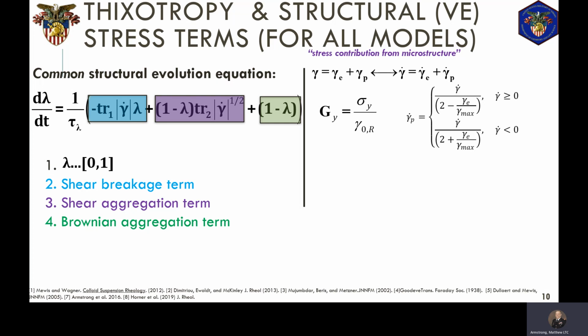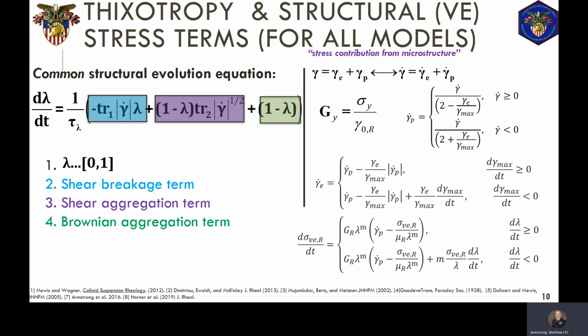It has a shear breakage term and 2 shear building terms. This is the enhanced thixotropic model. On the right-hand side is the viscoelastic contribution from the rouleau. And this particular framework that you're looking at right here will be applied to each of the models simultaneously.